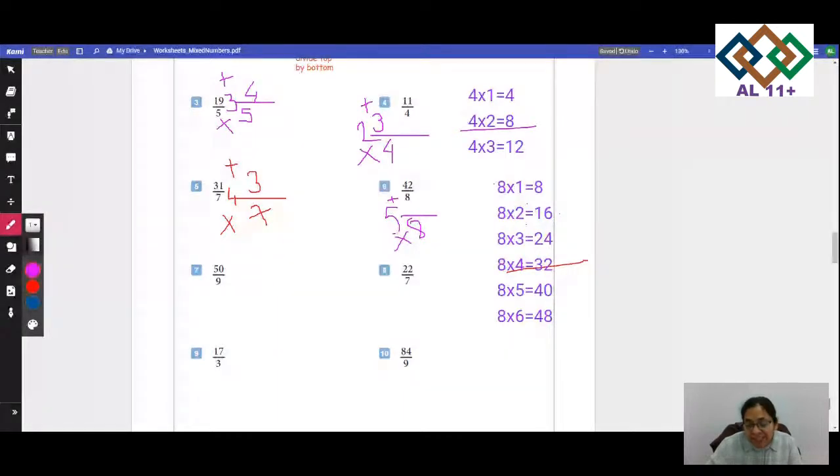So 40. What in 40 you will add to give you 42? You will be adding 2 here. 40 plus 2 gives you 42. So you have to double check that what you're doing is right or wrong. So that's 42 by 8. So let's do the next one now.